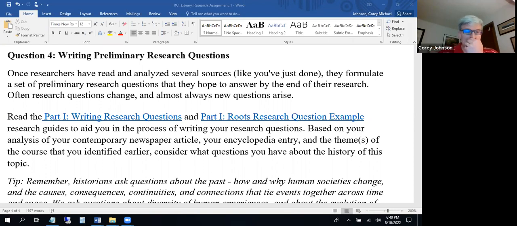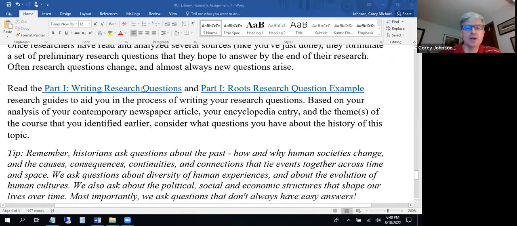You can see here that, again, we are in the Word document template for LRA number 1, question 4, writing preliminary research questions. And in a moment, I'm going to click into a couple parts of the LibGuide that talk about the process of writing a quality research question.